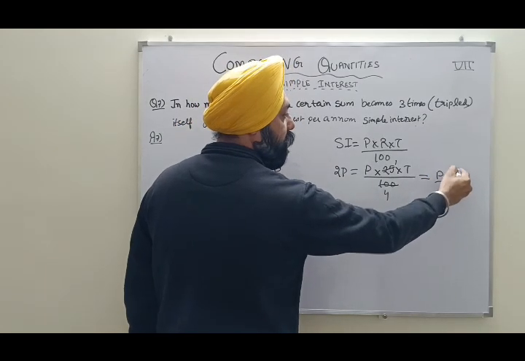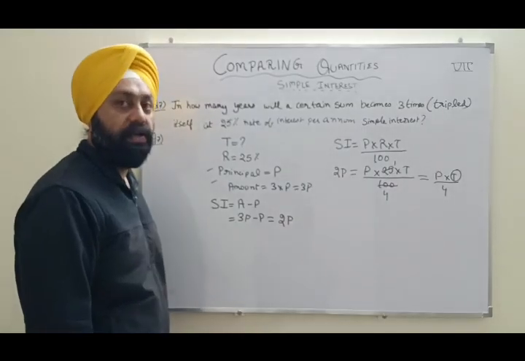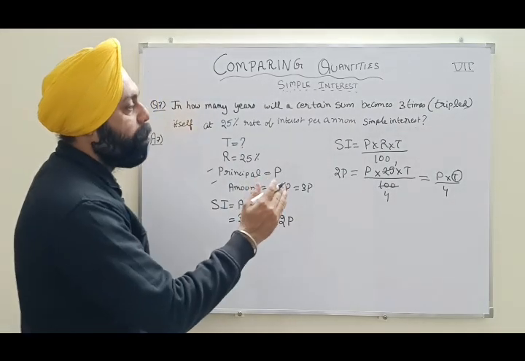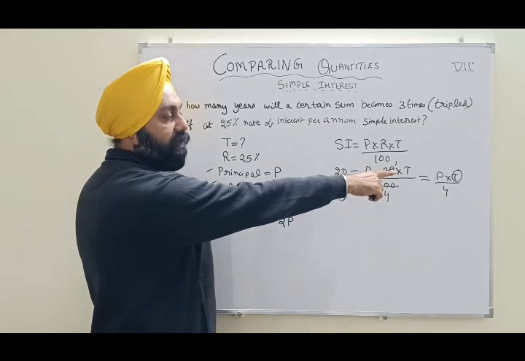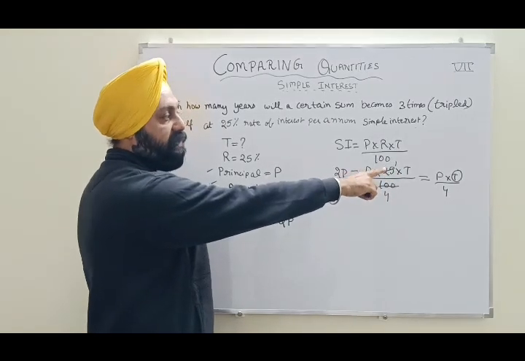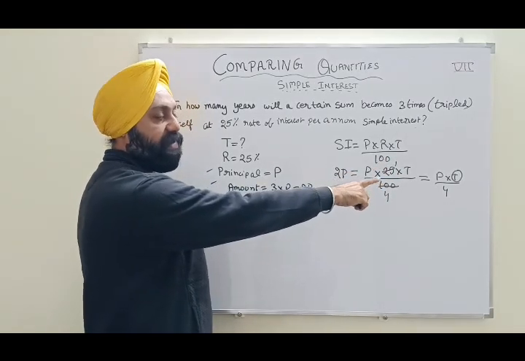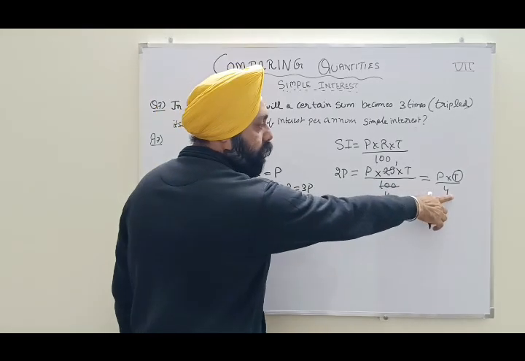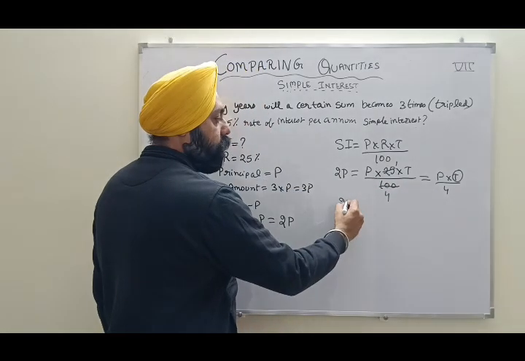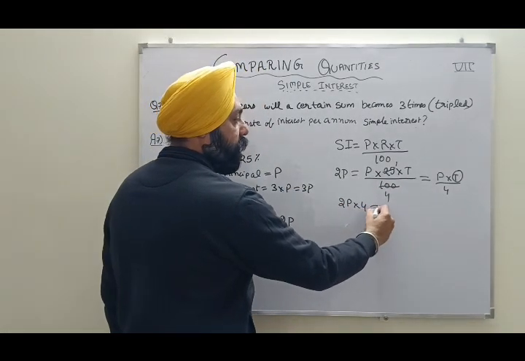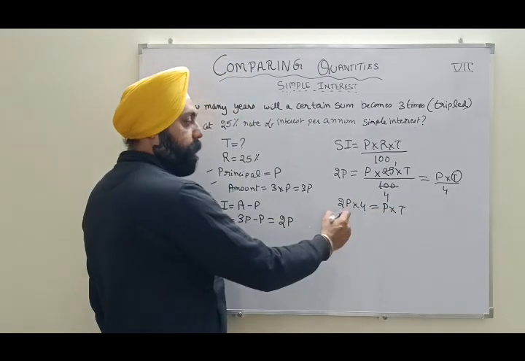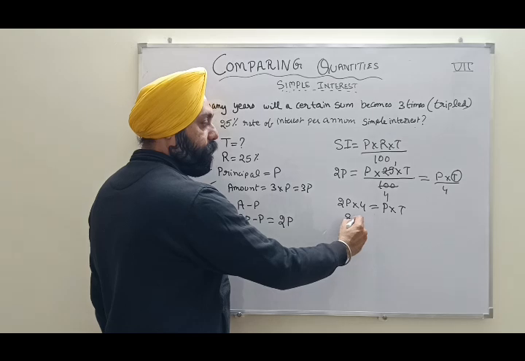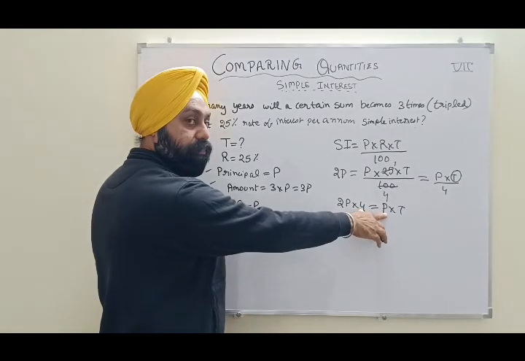Again we have to find the value of the variable T. So we will keep T on one side and take everything else to the other side. With T, the extras are P, which is getting multiplied, and 4, which is getting divided. First we will take this 4 over there, so it will be 2P into 4, and on the right hand side it is P into T. Now it will give 8P, and now we will take this P to the other side.